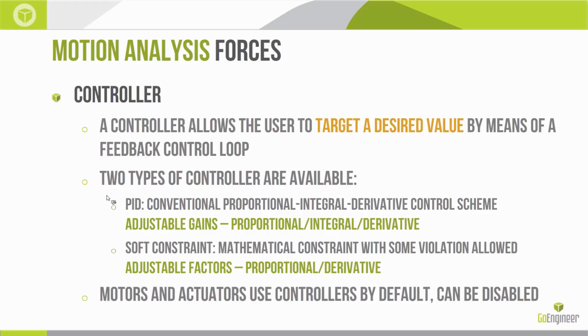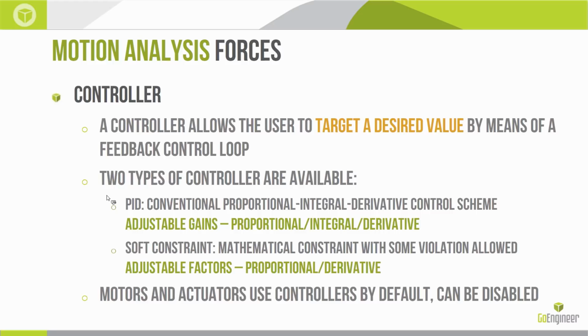If it had troubles getting there exactly, there's two controller types that are going to help me control the movement of my motor or my actuator. There's the conventional PID control scheme, and within that you have adjustable gains. Your proportional, your integral, and your derivative gains are all user definable.